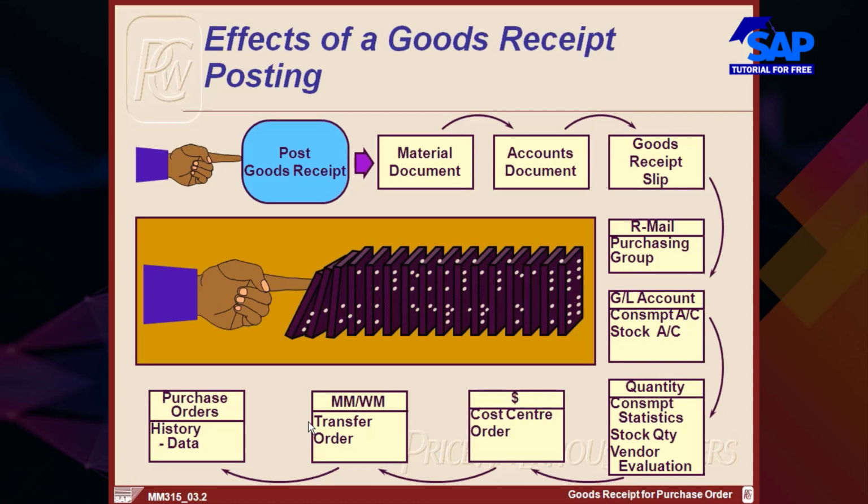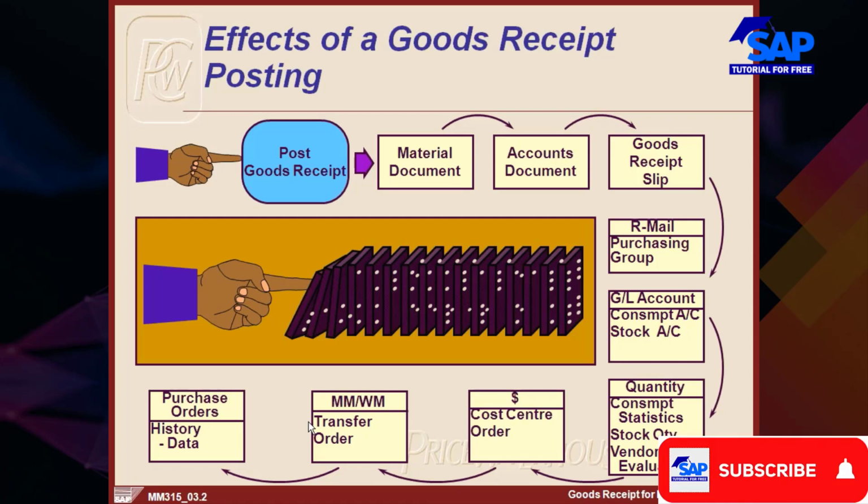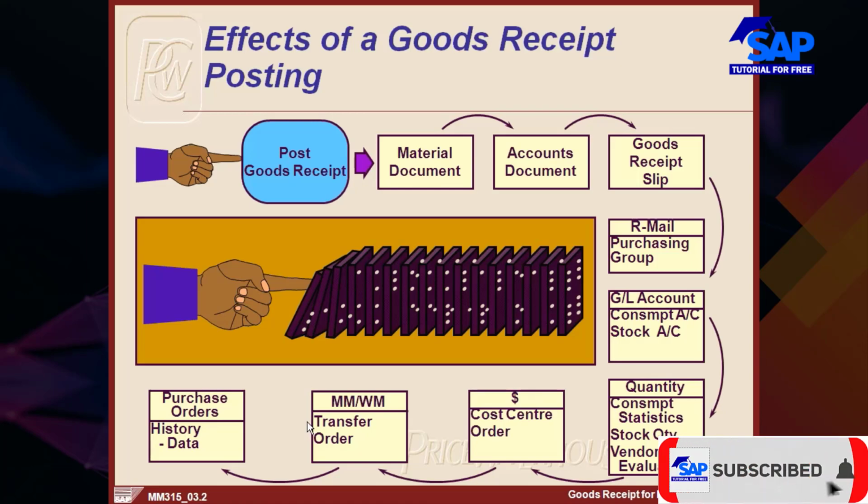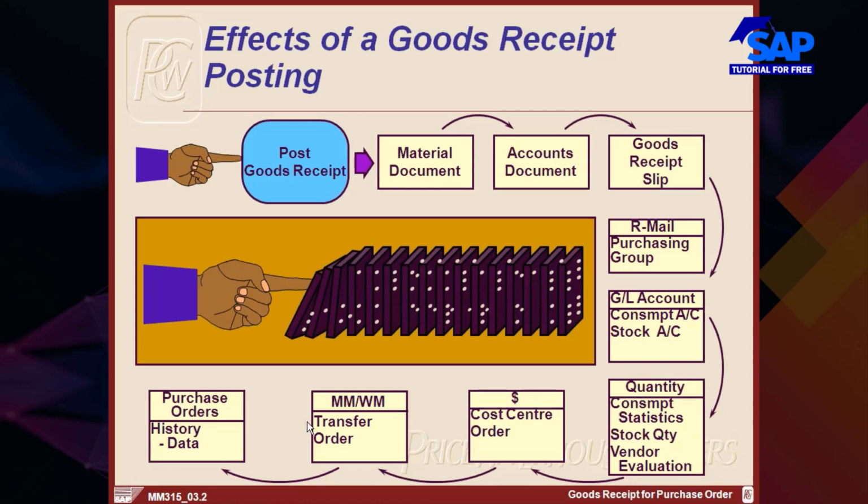So as soon as you do goods receipt based on the equivalent movement type in the WM module, a transfer order will be created automatically, provided if WM module is implemented. Similarly, if your QM module is integrated with MM module, an inspection plan will be triggered for each of the goods receipts that you perform. Also, lastly but not least, the purchase order history will get updated.